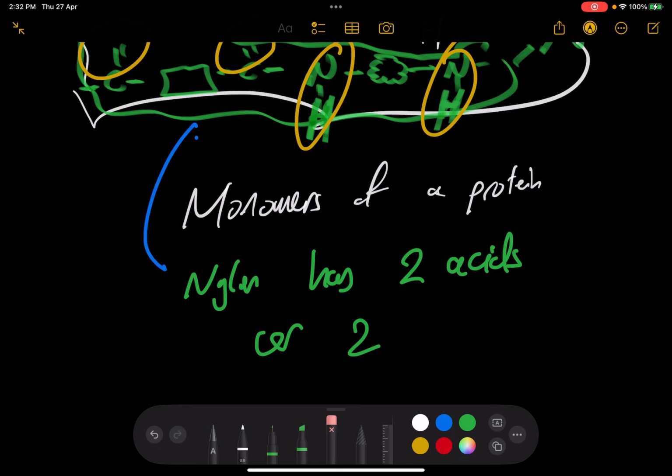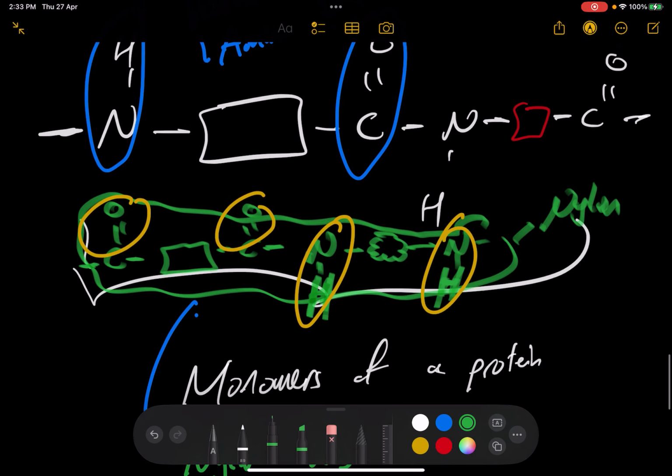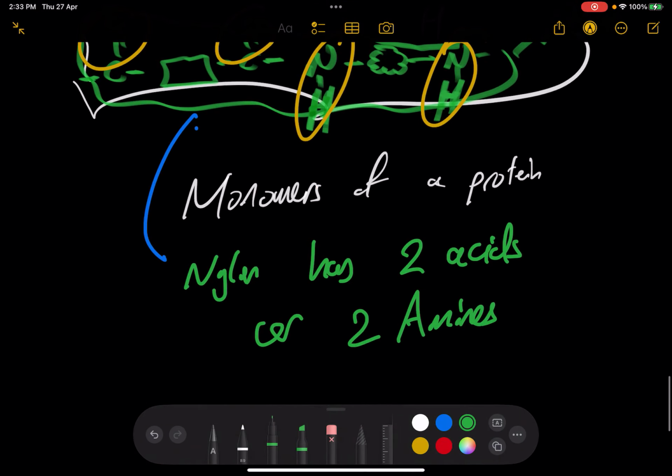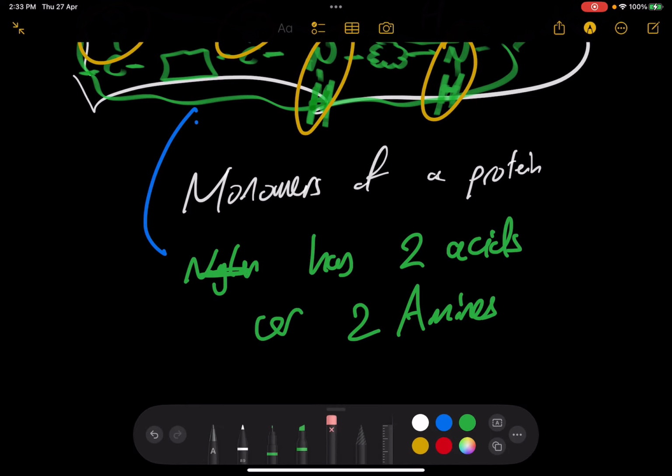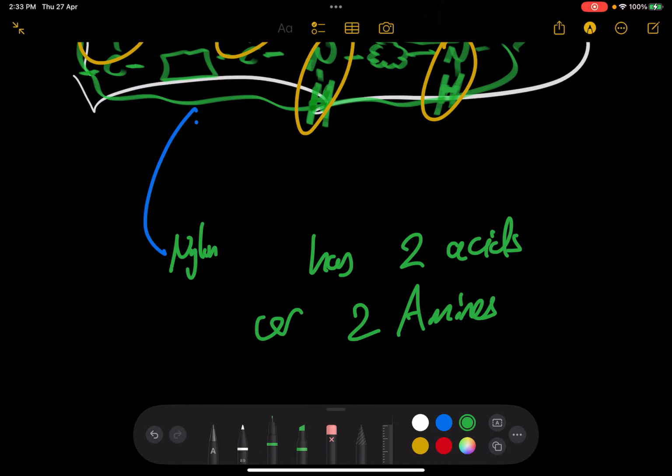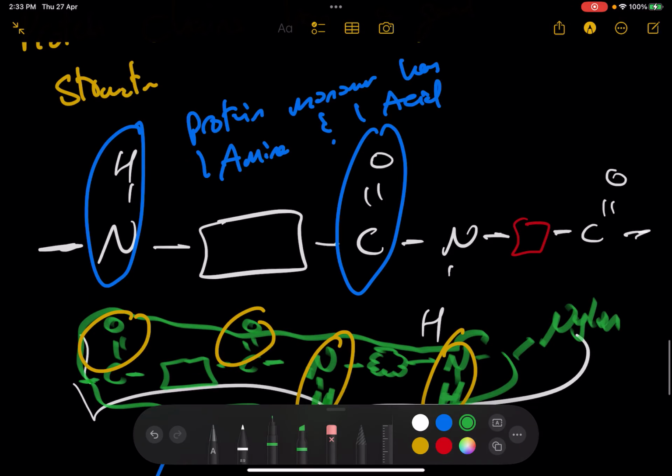Let me check. It's amines, two amines. Okay, you got the difference. Let me write it very clearly. Each nylon monomer has two acids or two amines, but each protein monomer has one amine and one acid. That's the difference.